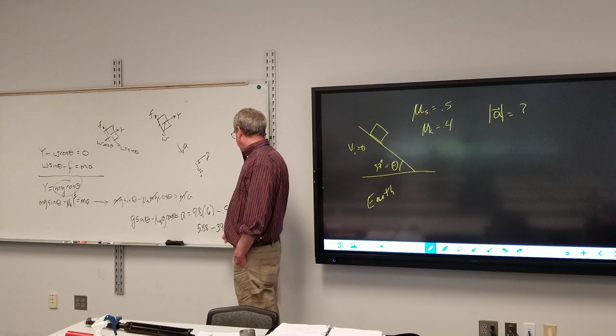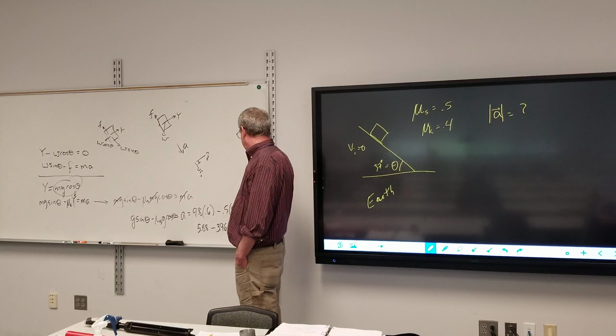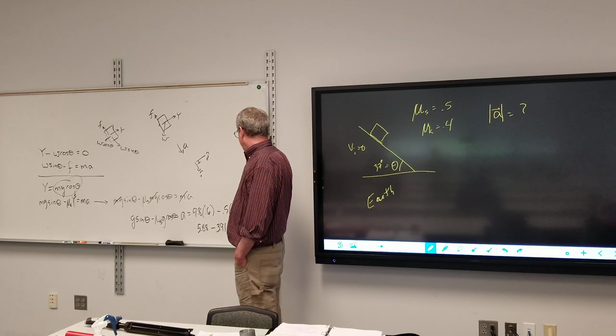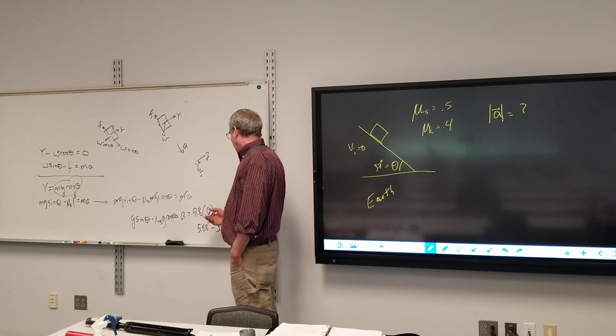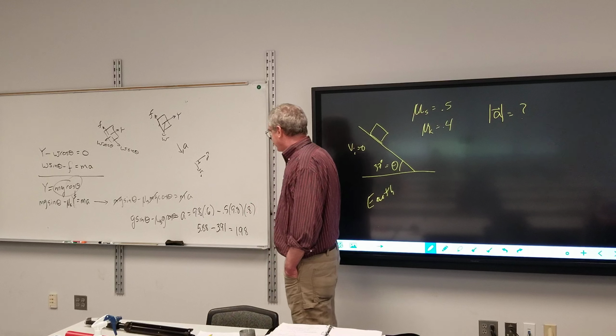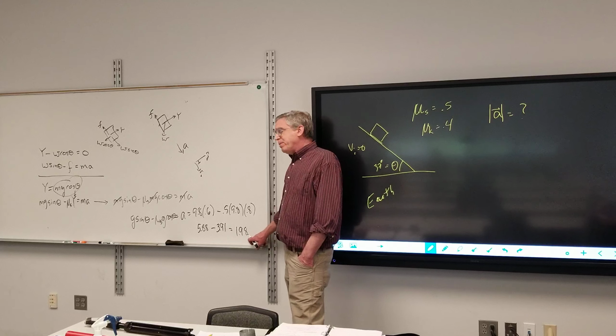Plus 2.6. 3.91. No, wait. 5 point, if you round it, it'll be 5.90. The numbers are basically right there, give or take. All right. So we end up with a positive acceleration.